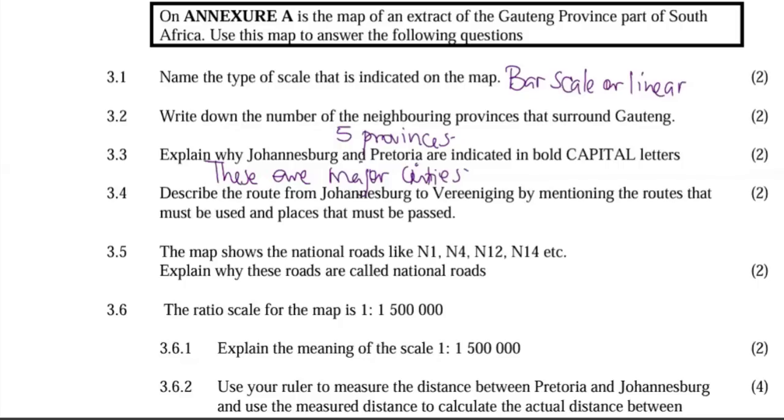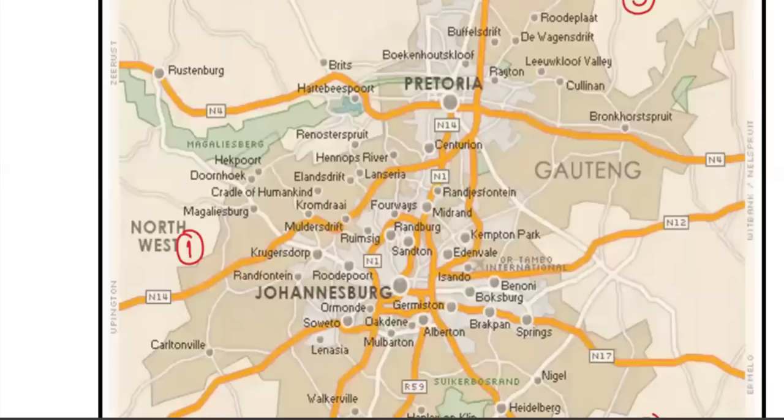Okay, describe the route. When we are describing, all we need to know is turn right, turn left, which roads are you going to use? But this is Johannesburg to Vereeniging. Let's see, Johannesburg is here. So you're going to Vereeniging.